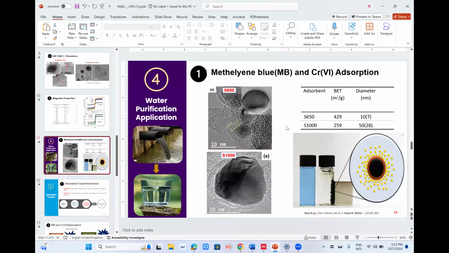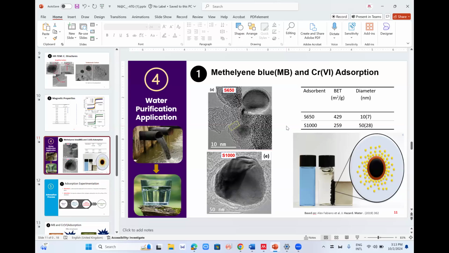As you see here, at 650, the lower carbonization temperature, the superficial area is a little bit more than double that of the higher carbonization temperature. So the K here is the superficial area.